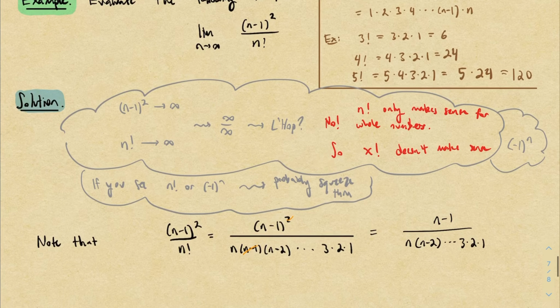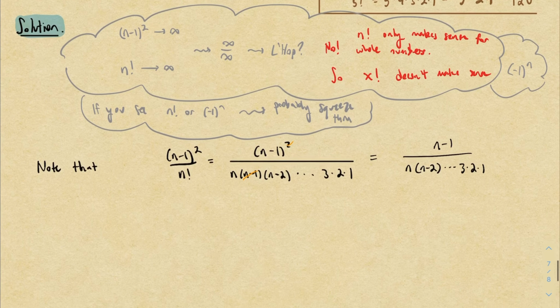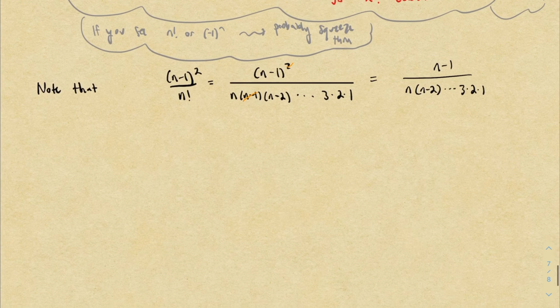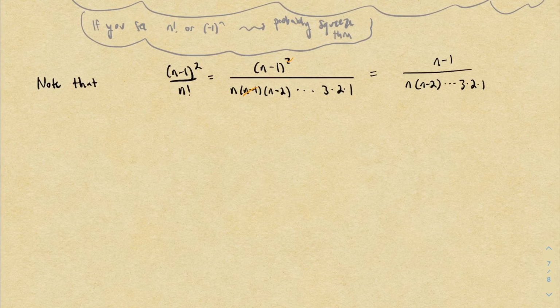The next step is where things get a little tricky. Here's where you have to be a little creative. I'm basically just going to split this expression up into two different pieces that I understand better. My motivation is that on the top I have n-1, so roughly this thing is growing like n.